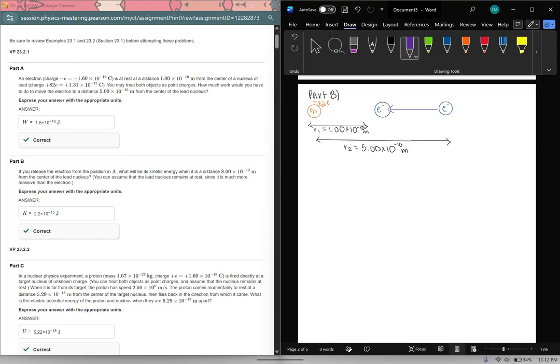So basically this is an attractive force. Give me a minute to think.